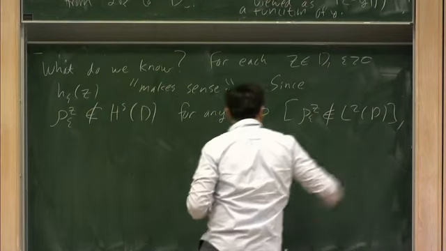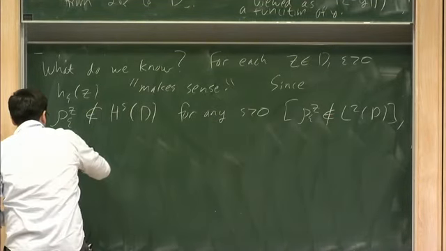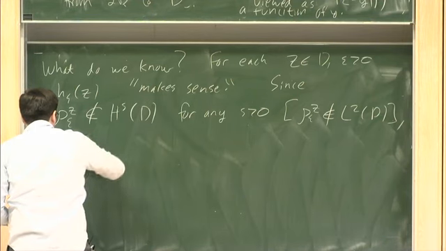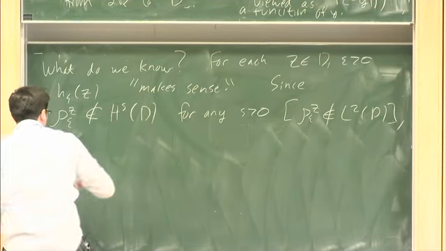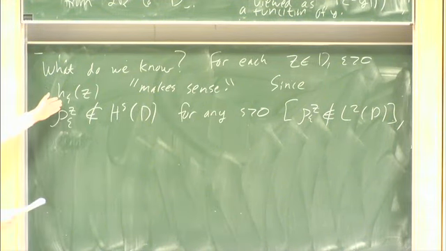We can't use what we did before to get that this is defined simultaneously for all epsilons and z's.